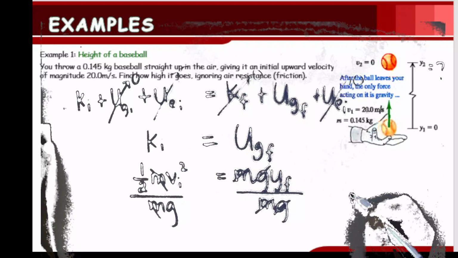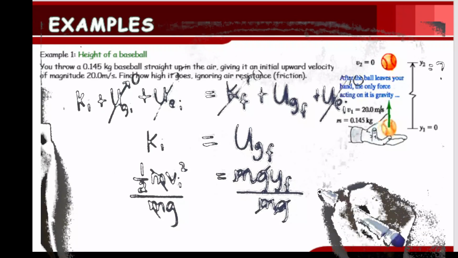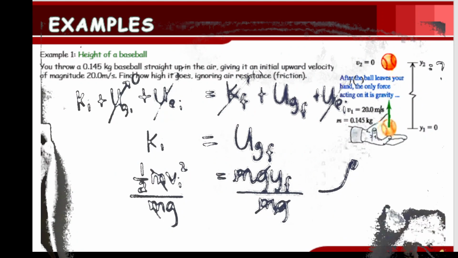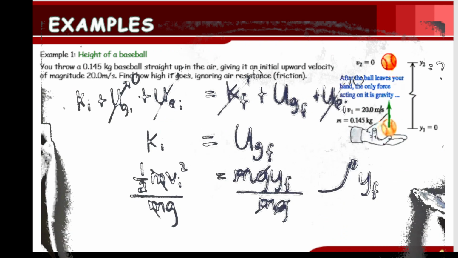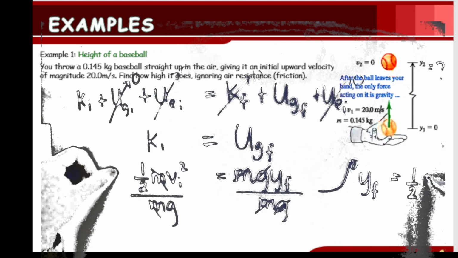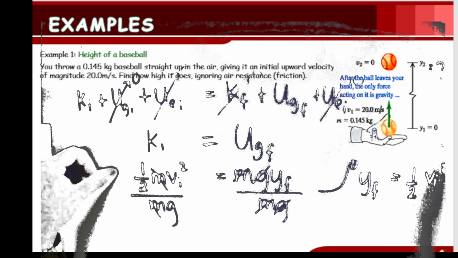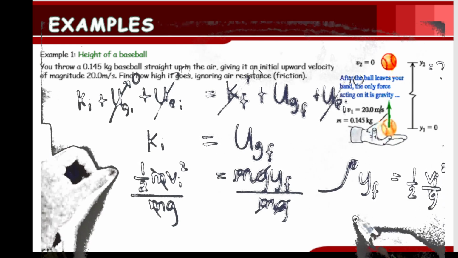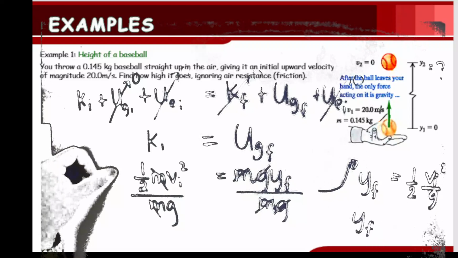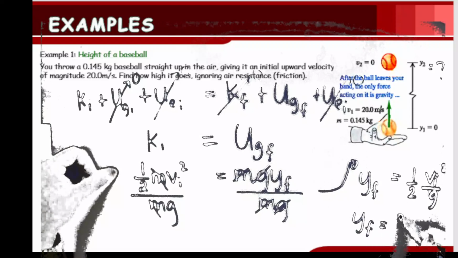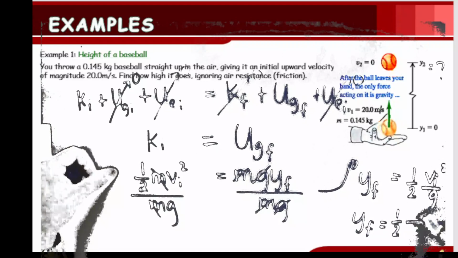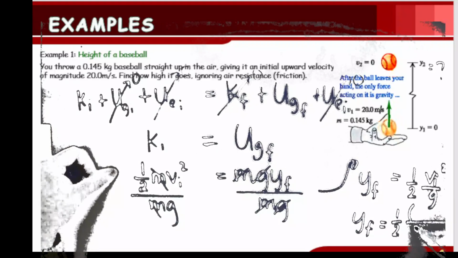So what's left here is 1/2 times the initial velocity squared over g. So the final position will be 1/2 times initial velocity squared all over g. Let us substitute the values. Hopefully you can still follow. What is the initial velocity?